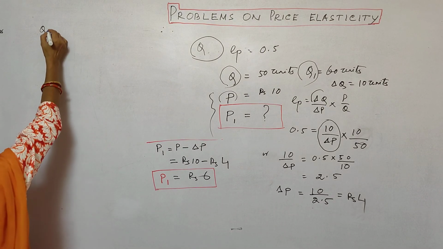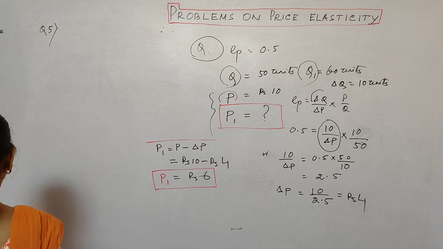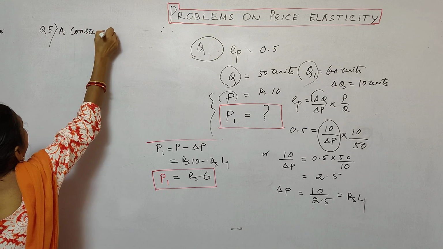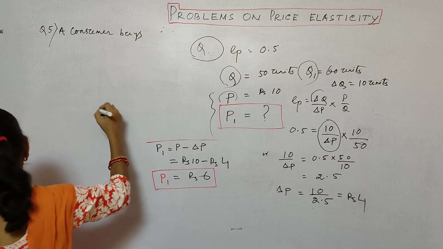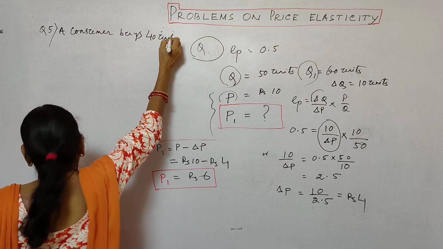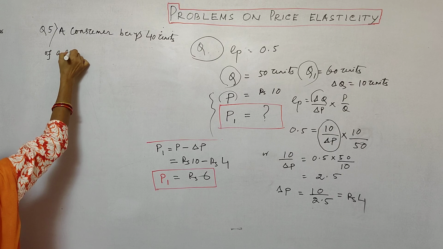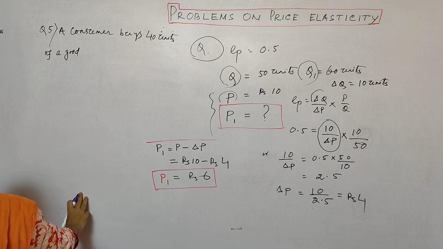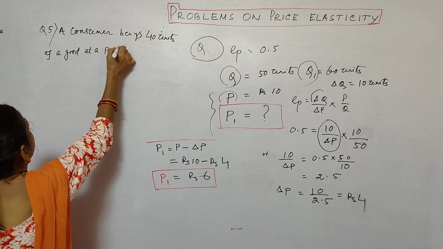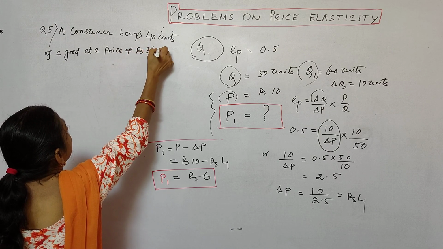Question number 5 is like this. A consumer buys 40 units of a good at a price of rupees 3 per unit.